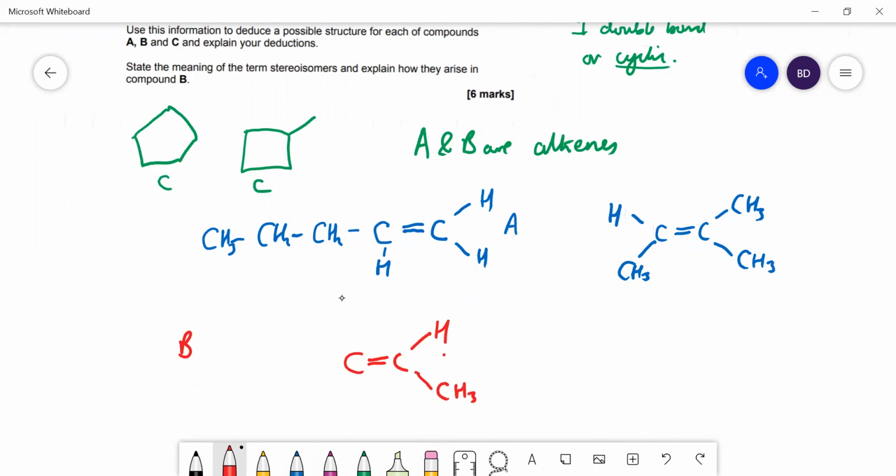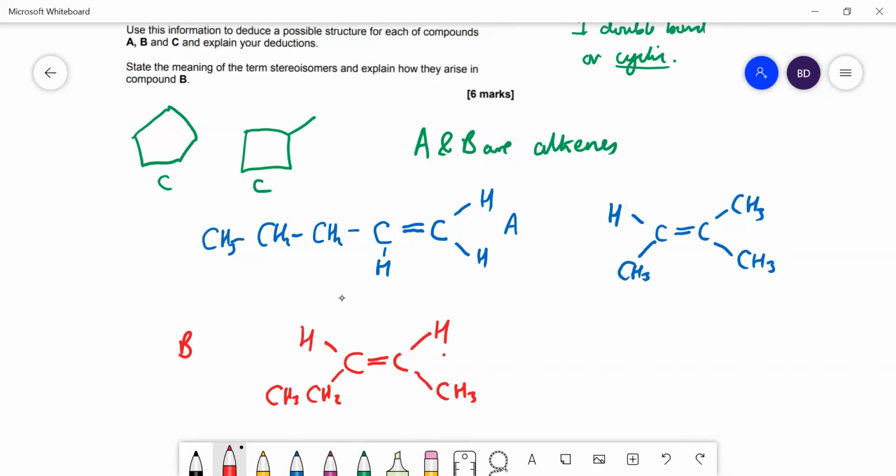Now we've got 2 other carbons to worry about, so we could have CH3 there. Now we can't have a CH3 there, so that's got to be CH2. That's got to be an ethyl group there. So I think that is the only thing that B can be. There's no other possibilities for B. There's a few things possible for A.